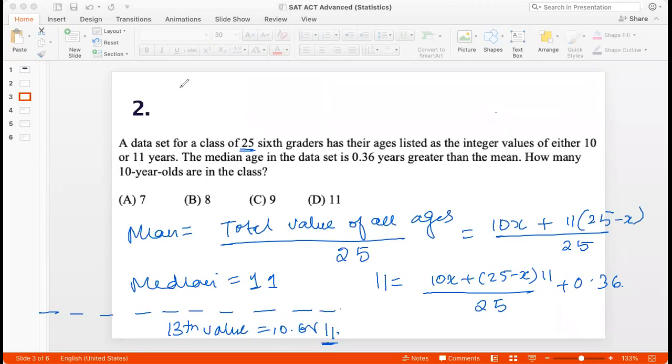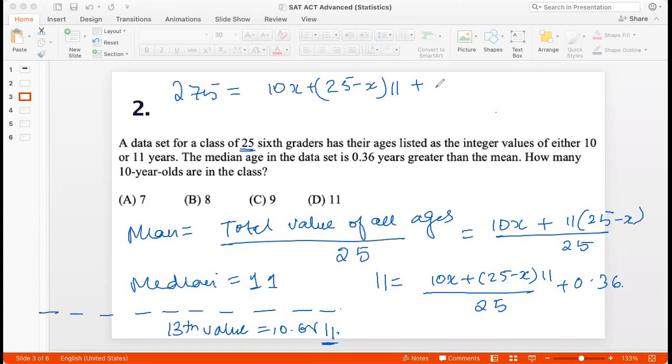So if I multiply 25 by 11, I get 275. 10x plus 25 minus x into 11 stays the same. And 25 into 0.36. This is problem solving and data analysis, so you can plug this into the calculator.